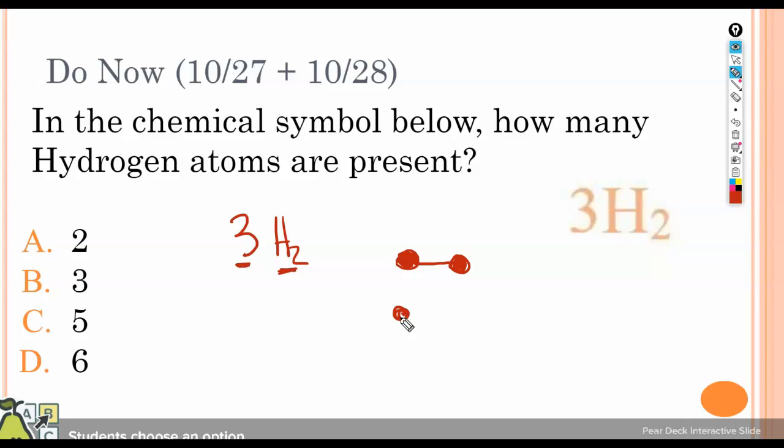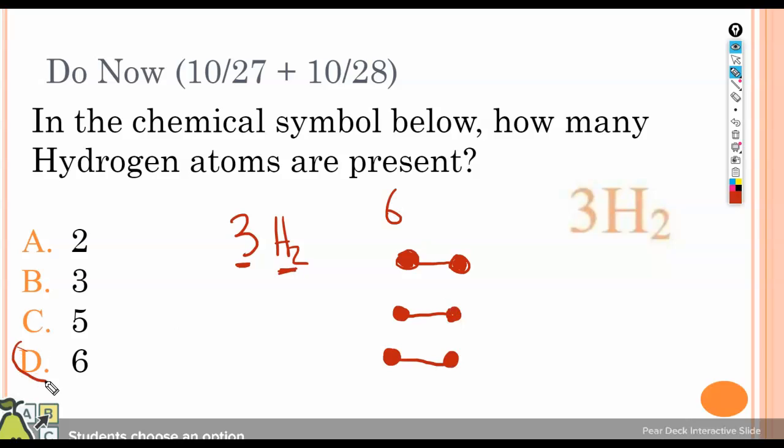Okay, so here's the second one. Okay, so hydrogen, hydrogen bonded together, and then we have hydrogen, hydrogen bonded together. Okay, and so if you count, we have 1, 2, 3, 4, 5, 6 hydrogen atoms.